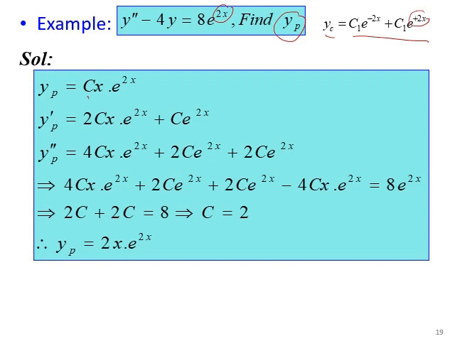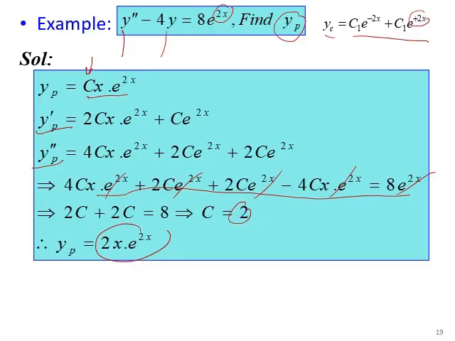So I will write cx exponential 2x. I differentiate first, second, substitute here and here. Then I have this formula. Equate. You can see I will cancel at the end exponential from all the equation and solve. For c, I got c equals 2. Then I go back to substitute here. This is the particular solution.